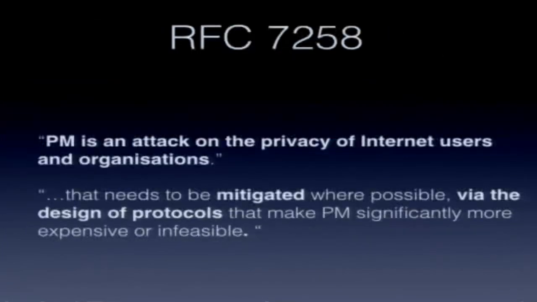I just wanted to pull out a couple of statements from RFC 7258 clarifying that the IETF's position is that pervasive monitoring is an attack on internet users and organisations, and the declared aim in future protocol developments is to mitigate the effects of monitoring through protocol design, so doing it at the lowest level, not necessarily operationally, but making sure protocol design takes this into account.